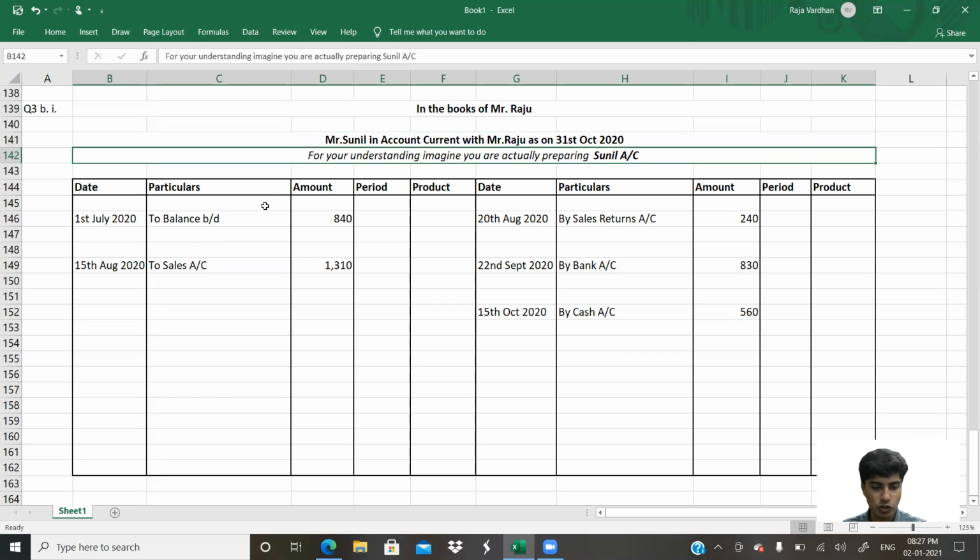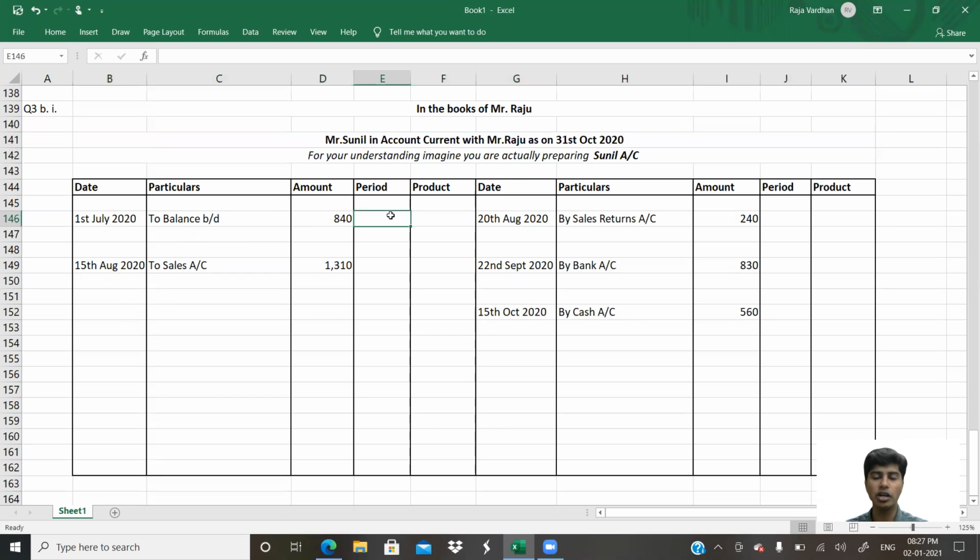So from 1st of July till 31st of October, I would have to compute days. How will I compute it? Pretty simple. July has 31 days, plus August also has 31 days, plus September has 30 days, plus October has 31 days.